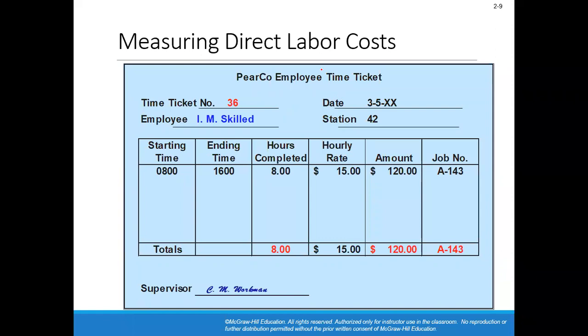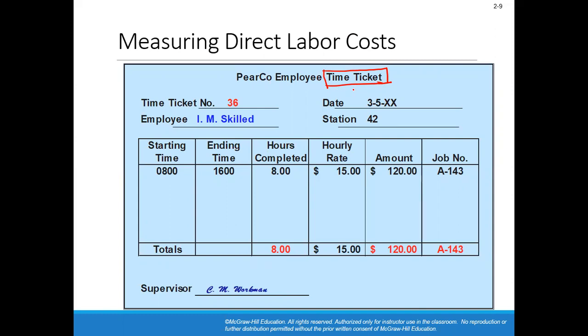Employees use a time ticket to record the amount of labor they have employed to a particular job, and the amount of charge they will be charging for a particular job. These things will be recorded based on the time ticket.